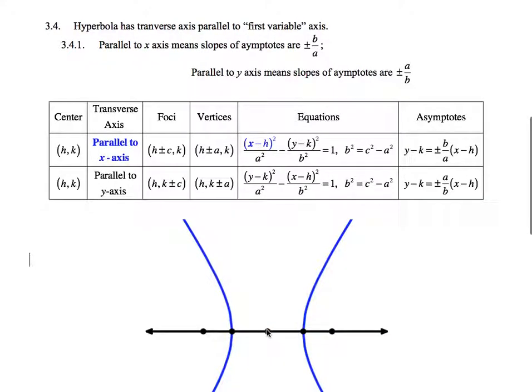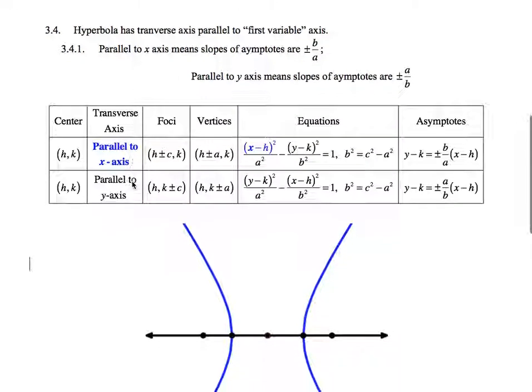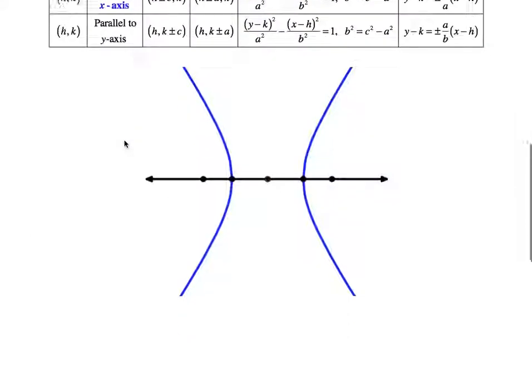To get the negative, you just count b units up, a units to the left, b units up, a units to the left, and that will give you the negative slope asymptote when the transverse axis is parallel to the x-axis.